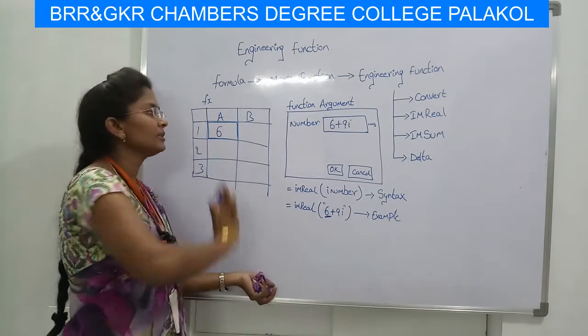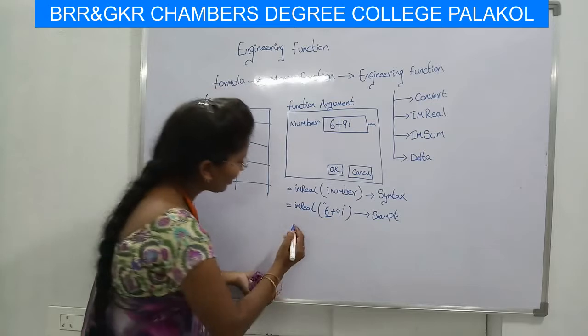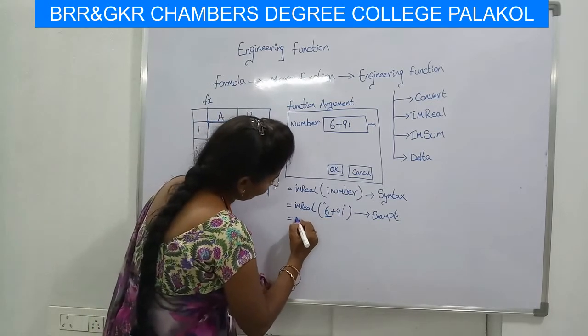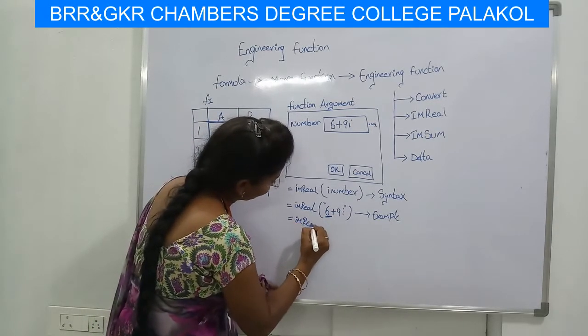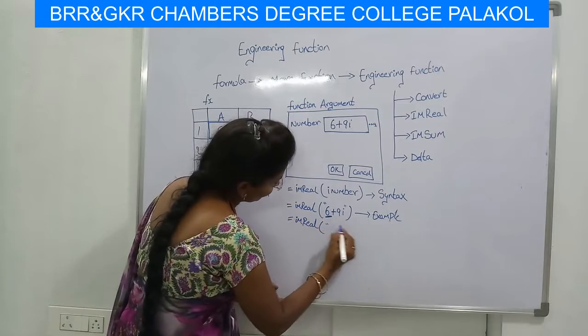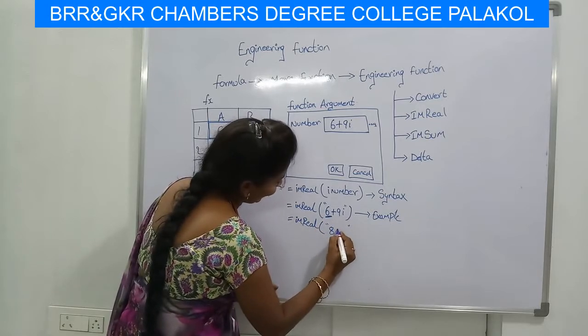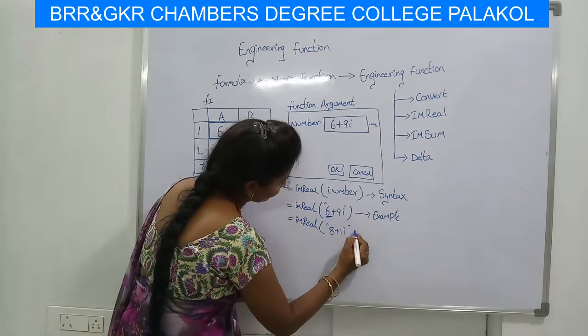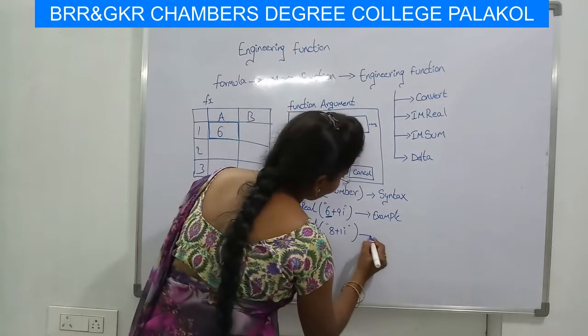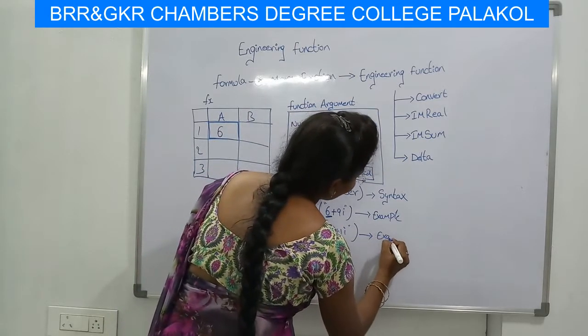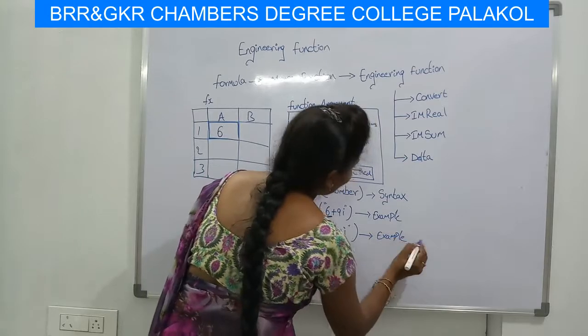The result is 6. For the second example, here I am taking the same quotations and 8 plus 1i. This is also an example for IM real.